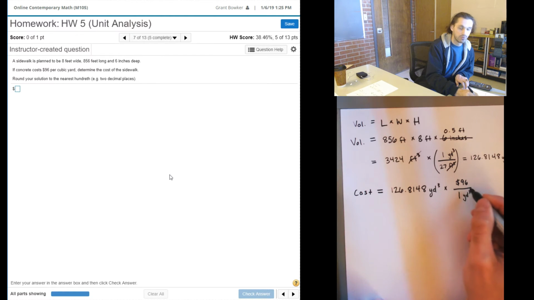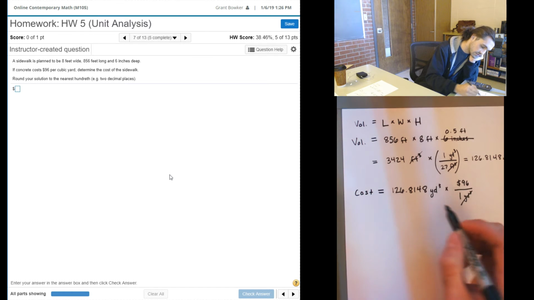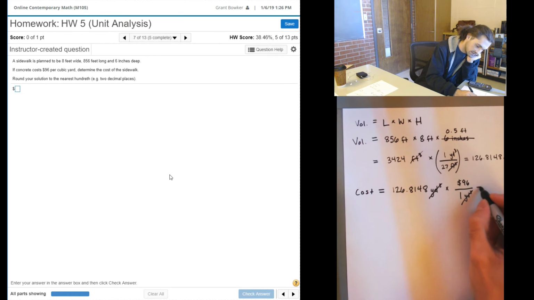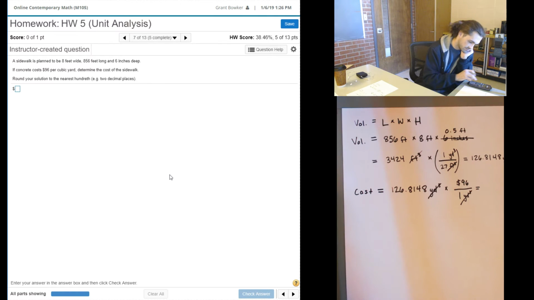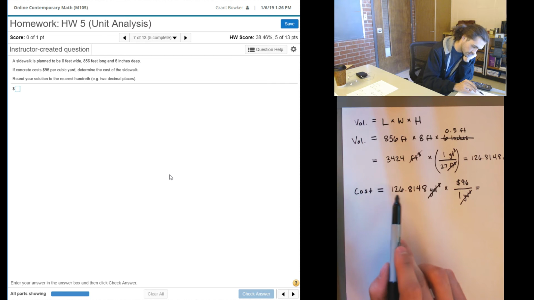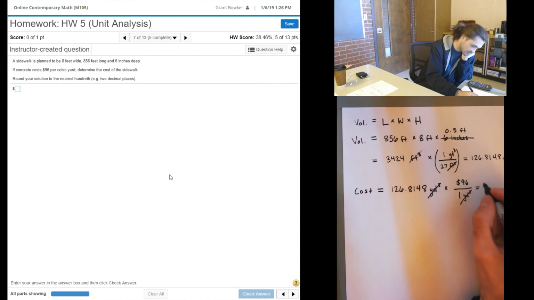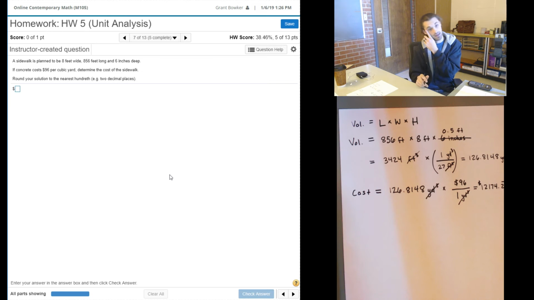Again, there's that word per at work. Yards cubed downstairs, yards cubed upstairs, leaving behind just dollars, which is what I want for cost. So 126.8 and change, multiplied by 96 gives me 12,174.2 repeating. And this would be in dollars.